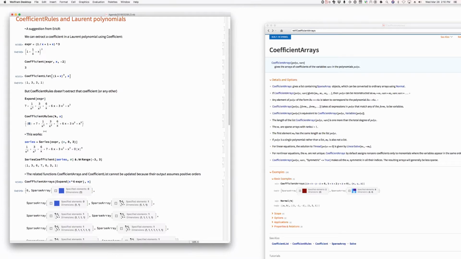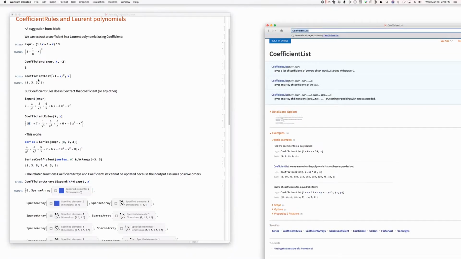Exactly, for a given monomial. Seems fine to me. The coefficient rules case seems fine. This padding or whatever, I think this is in the tail of what anybody might care about.